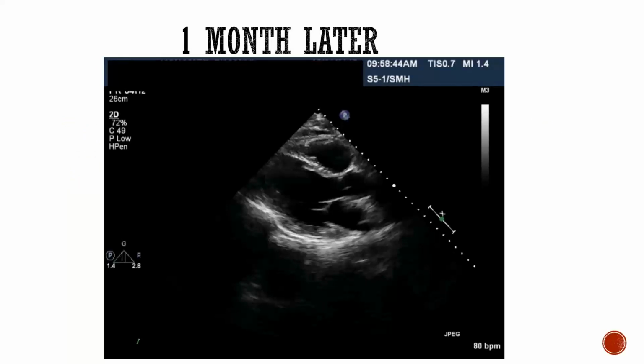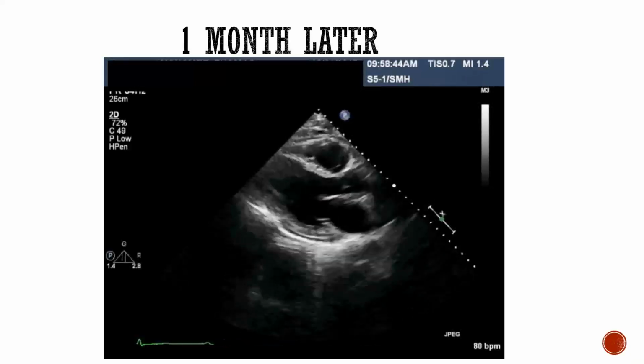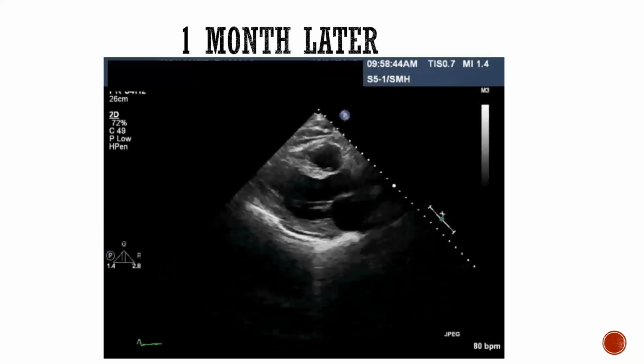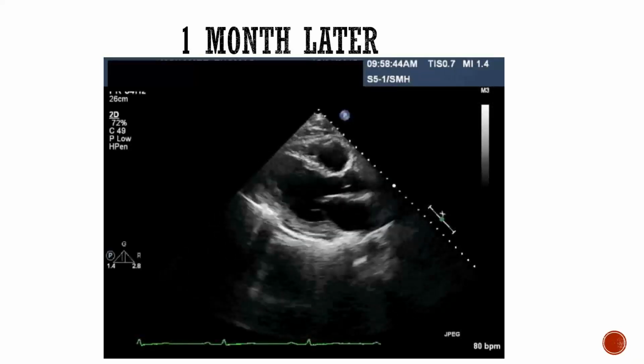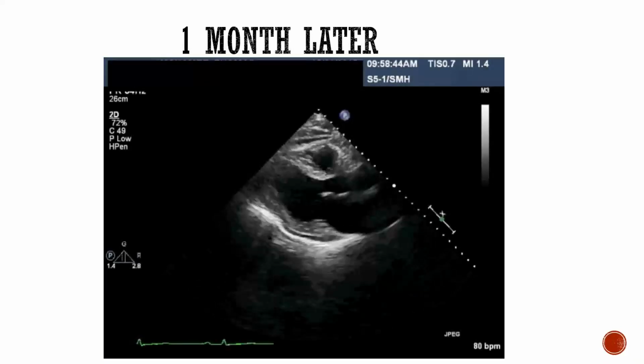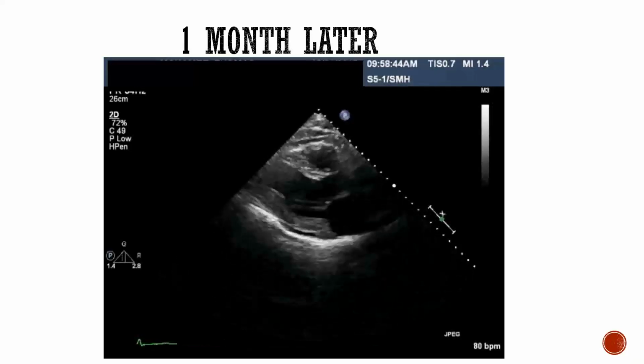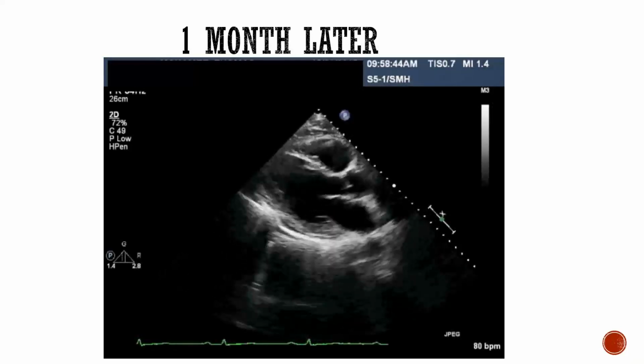As you can see, the LV function is almost back to normal, and the pericardial effusion now is very small, almost trace, and that's after only 1 month of starting steroids.